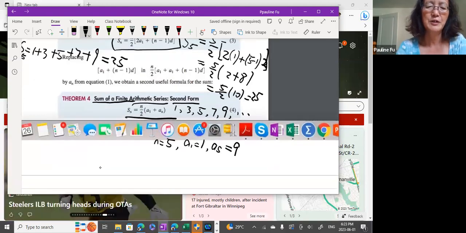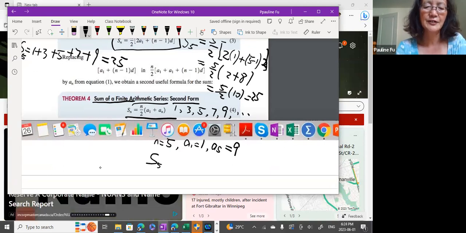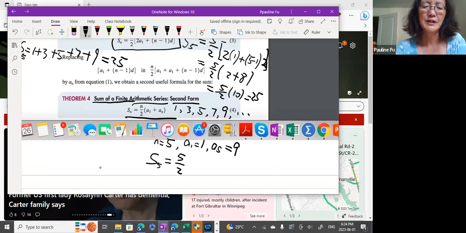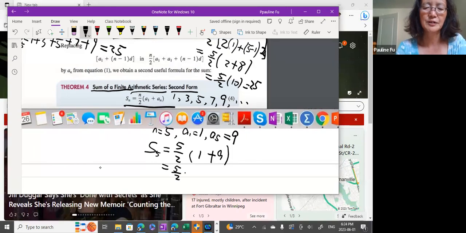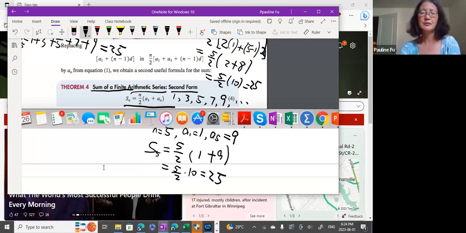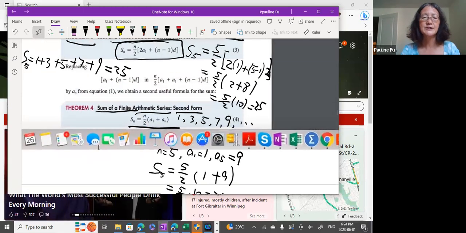So we want to add all the 5 items together. So S5 equal to n divided by 2 times a1 plus a5. So you get 5 over 2 times 10 equal to 25. The same result as we get here.